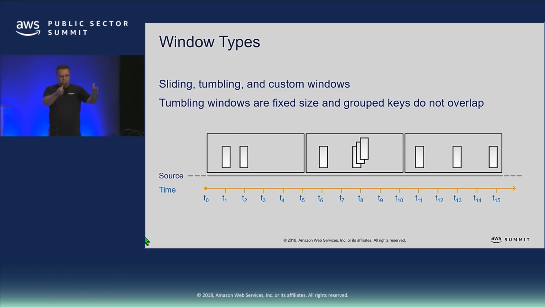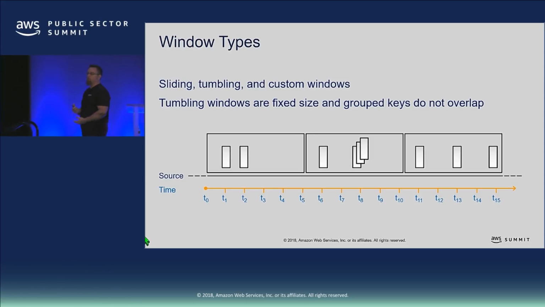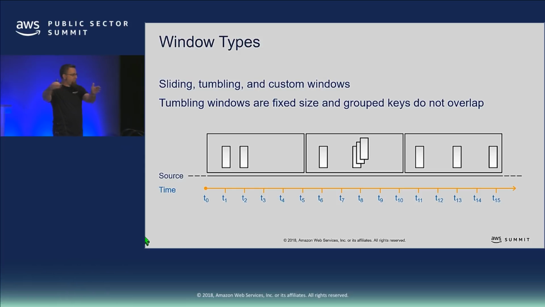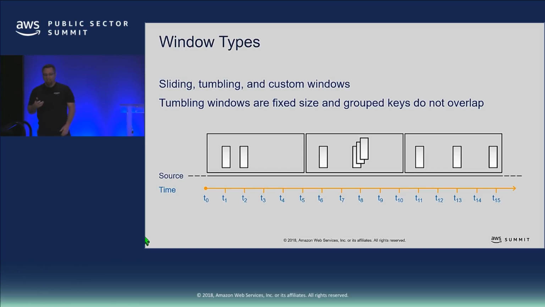These windows are distinct sets of time that you define that tumble over each other, that won't have overlapping data coming in across those windows. So depending on the implementation that you're looking for will help you determine what types of windows you want to leverage. You can create session windows so that you have a window of time per those sessions that you may be defining within your clickstream environments. And then, as I mentioned, you can create some custom windows as well.